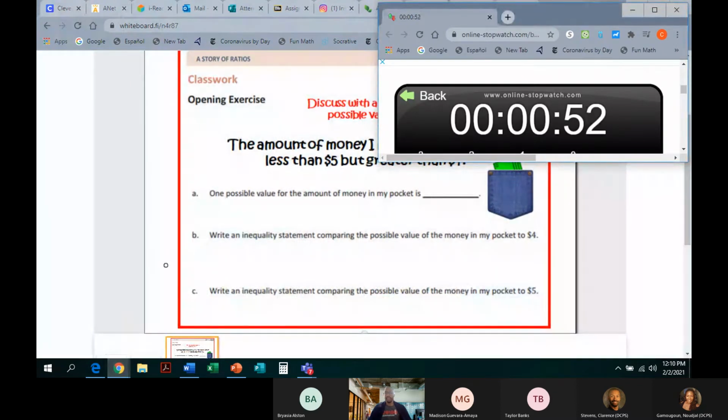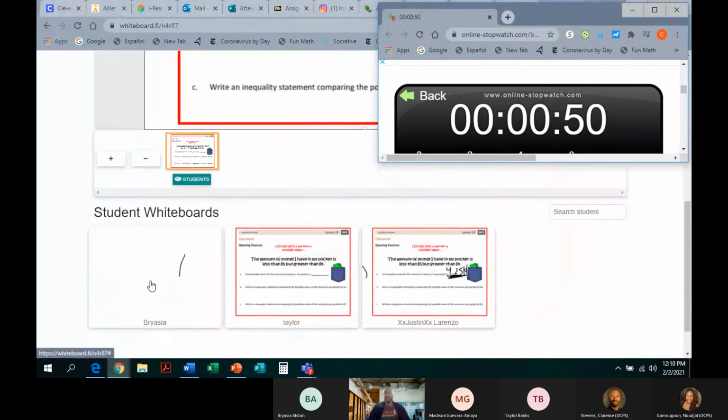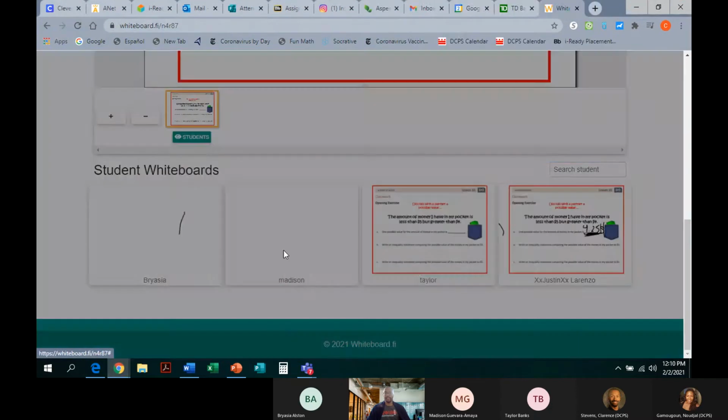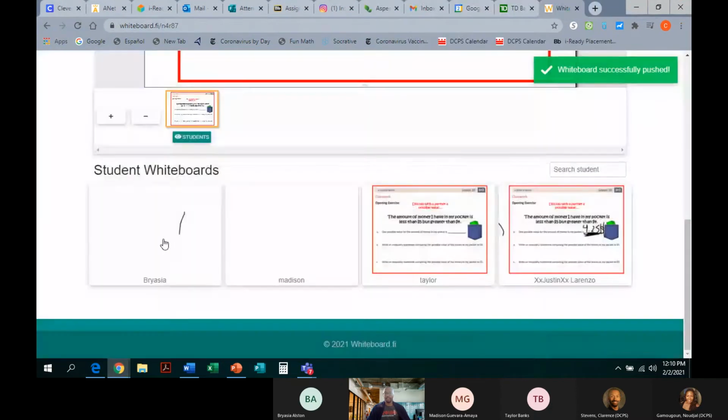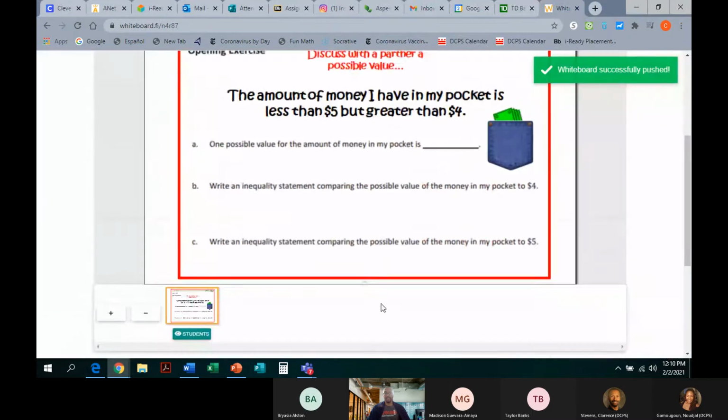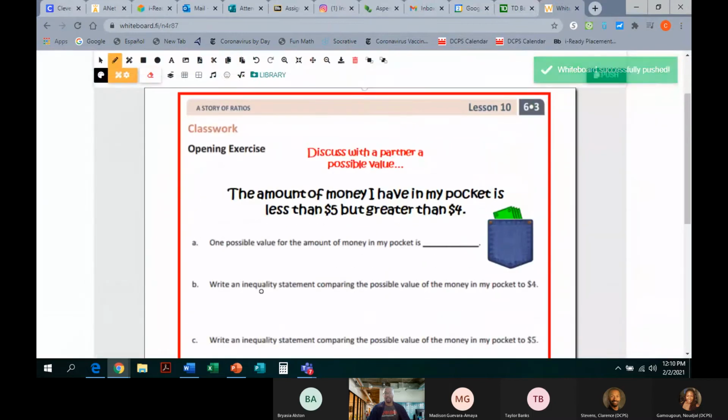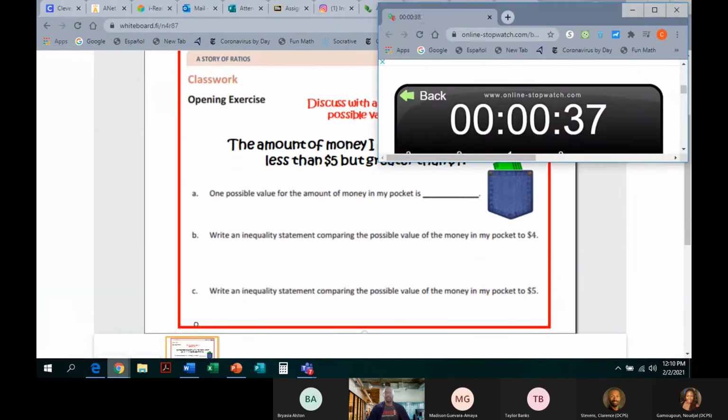Those of you that aren't in the whiteboard, I'm gonna start with you guys by asking you what works. Okay, so Alyssa, I'm gonna start with you. What is one possible value of the amount of money in your pocket? That could be in your pocket if it's greater than 4, if it's less than 5, but greater than 4.